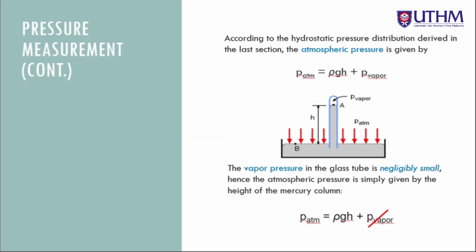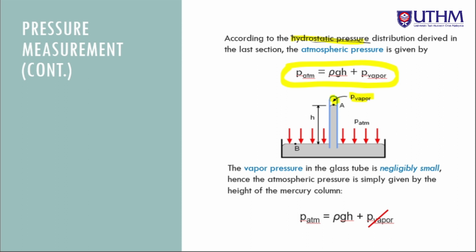So according to the hydrostatic pressure distribution derived in the last section, the atmospheric pressure is given by this equation. Atmospheric pressure equals rho GH plus, of course, the vapor pressure yang trapped inside the cylinder.